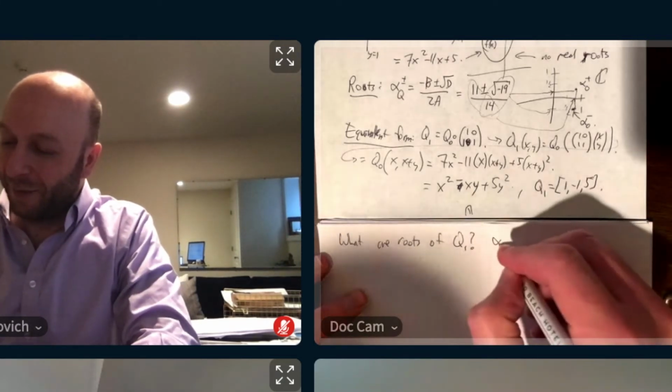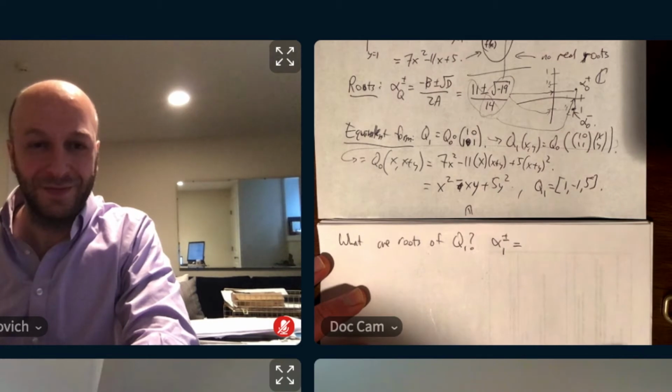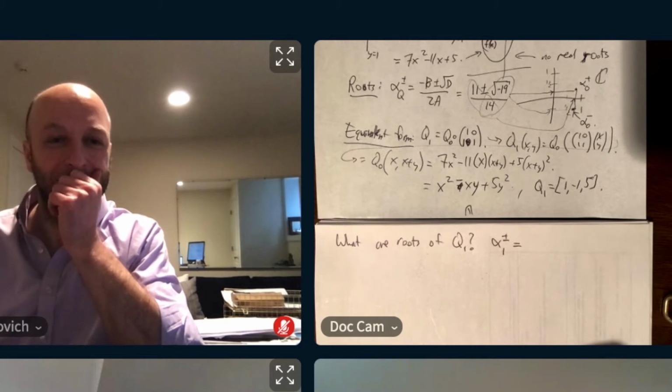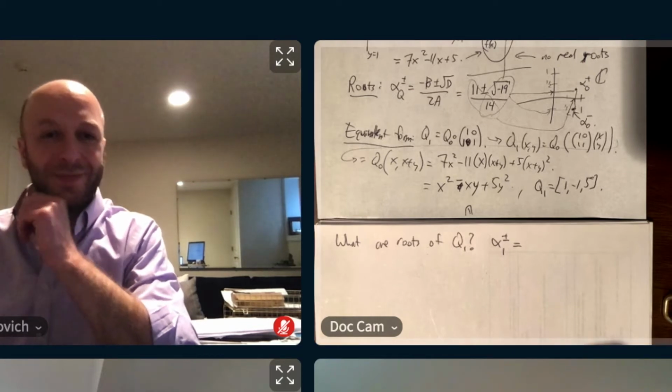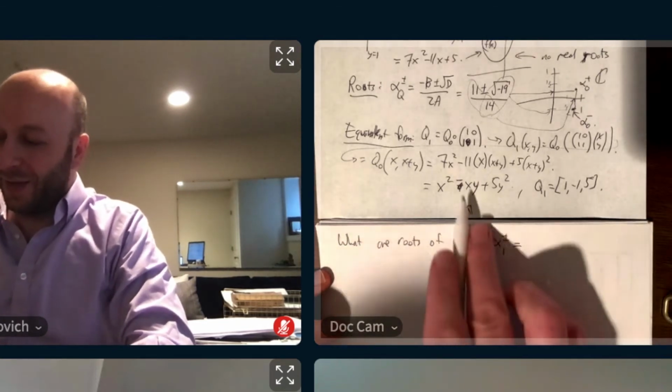So the roots, alpha plus minus 4q1, are... Great. Everybody's getting the same answer. Let me see if I agree with you.